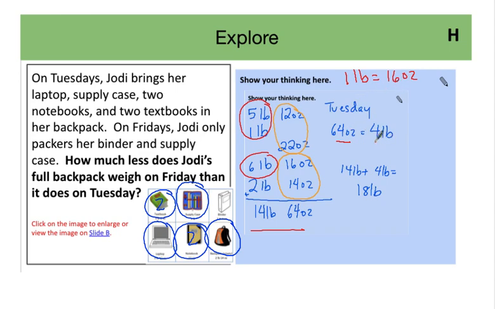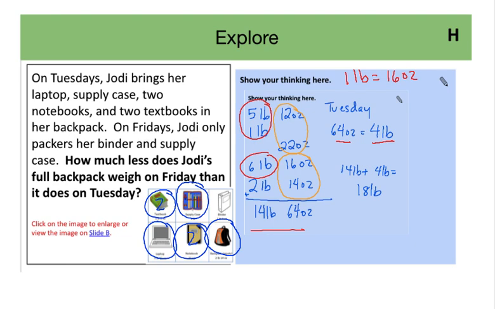So that means that 64 is divisible by 16, and I can get 4 16s in that 64. And then I added 14 pounds plus the 4 that I just converted from the ounces, and I got 18 pounds. That's a pretty heavy backpack. Feel bad for Jody.